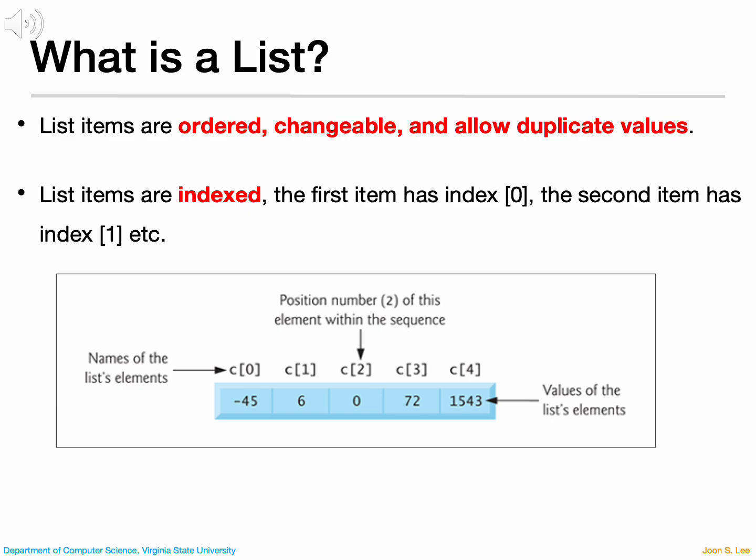If we have a list c = [-45, 6, 0, 72, 1543], then c[0] is -45, c[1] is 6, and c[4], the last one, is 1543. This indexing system allows us to access or modify any item we want simply by referring to its position number. And remember, Python uses zero-based indexing, which means we always start counting from 0, not 1.